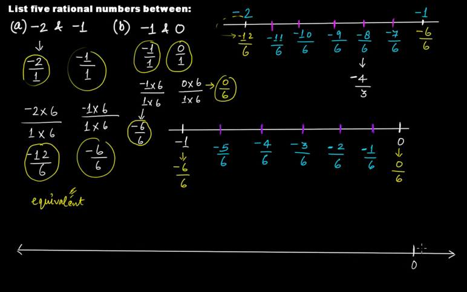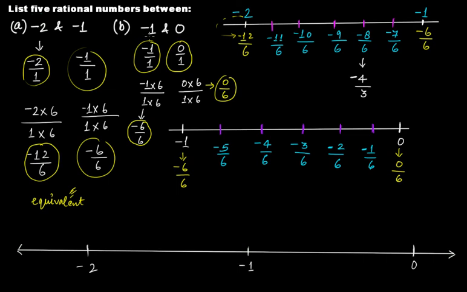Let's say that 0 starts from here and our minus 1 comes here and our minus 2 comes here. We know that to the left of 0 are actually negative integers and to the right of the 0 are actually positive integers. Okay, now 0 and minus 1, minus 1 and minus 2.